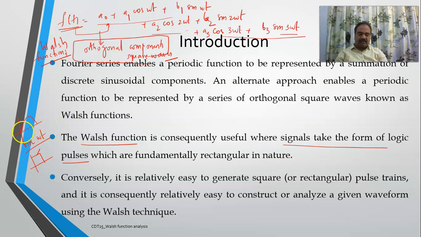Whereas for a sinusoidal one, you need to represent this one, and you need to represent the frequency, etc. So it is easier to generate square pulse trains because the data which we are supposed to give as input is very small, and so it is relatively easy to construct and also analyze a given waveform using the Walsh techniques when compared to the Fourier techniques.